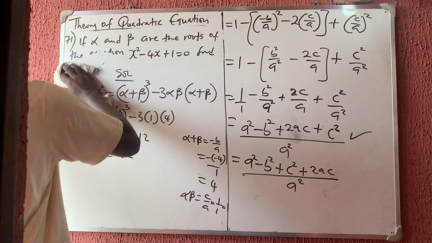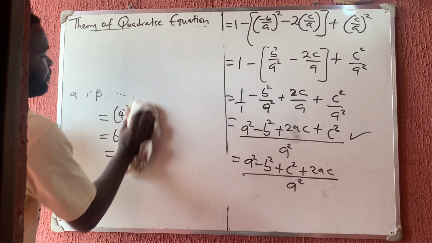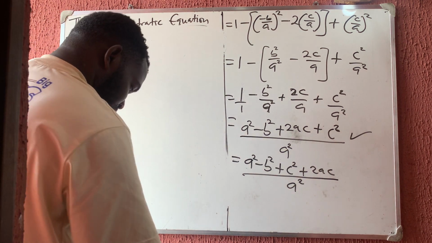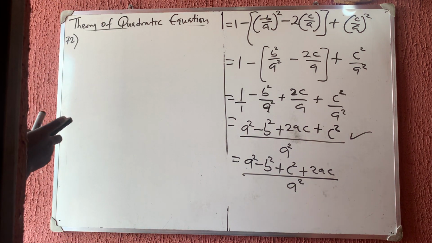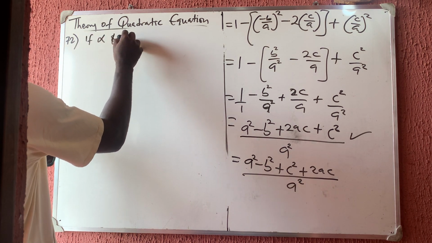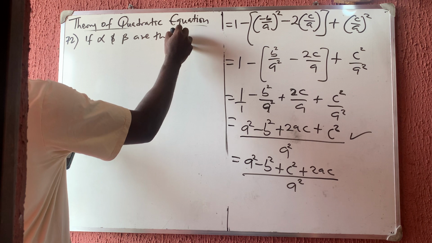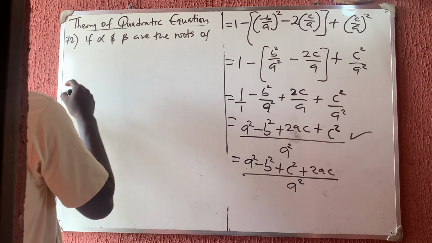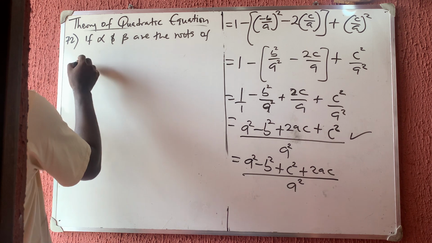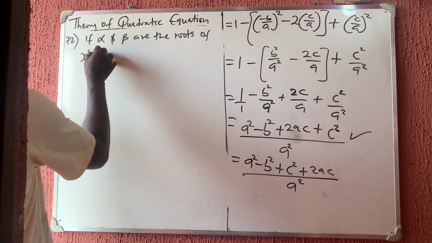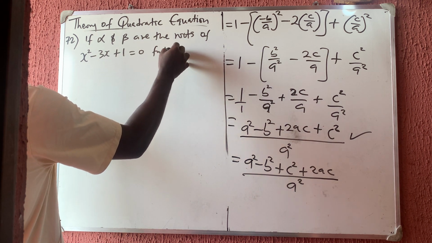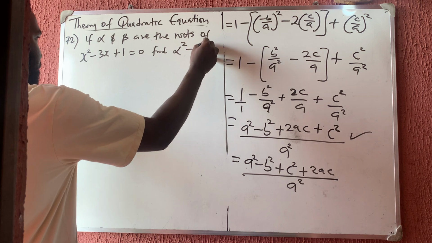Question number 72. We are progressing. Question number 72 says that if alpha and beta are the roots of x squared minus 3x plus 1 equal to 0, then find alpha squared minus beta squared.